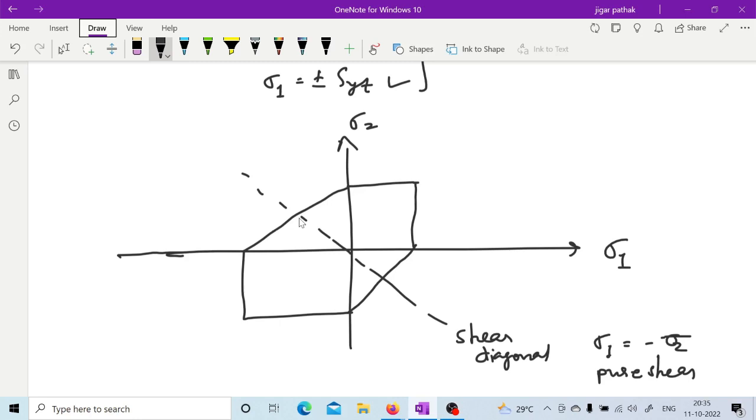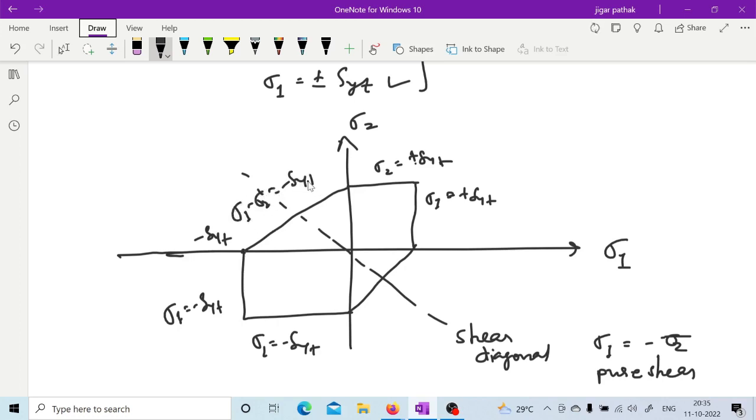Now, as we have considered, this sigma 1 is equal to plus SYT, this sigma 2 is equal to minus SYT, this sigma 1 is equal to minus SYT. Now if you consider this as minus SYT, then this equation is sigma 1 minus sigma 2 is equal to minus SYT, because here sigma 1 is there, sigma 2 is 0. Here if you consider plus SYT, then this line is sigma 1 minus sigma 2 is equal to plus SYT.